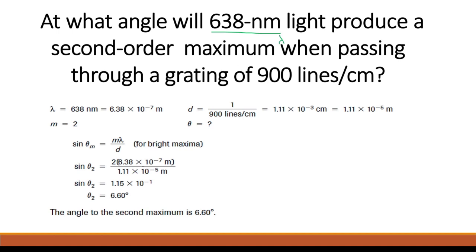We also are told second order maximum, so that's m equals 2. When passing through a grating of 900, now that's not quite d, but we can use it to get d. It's in the same realm. And we were asked to find an angle.